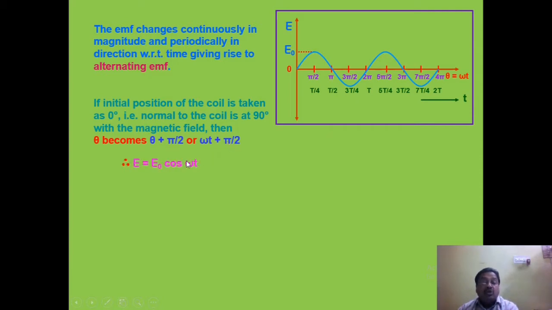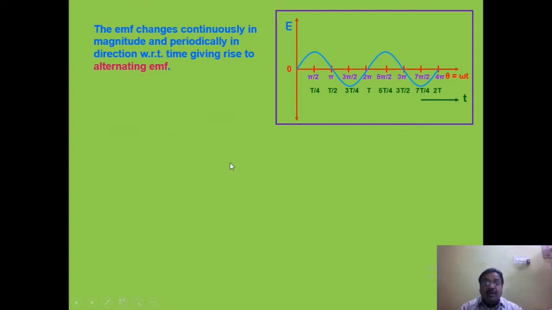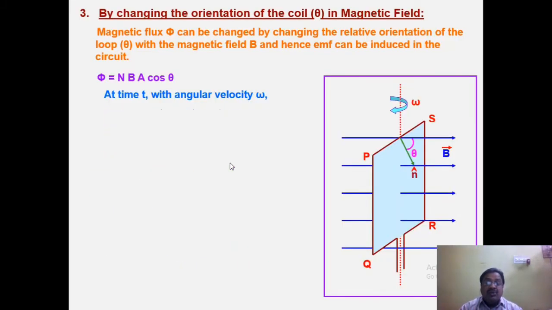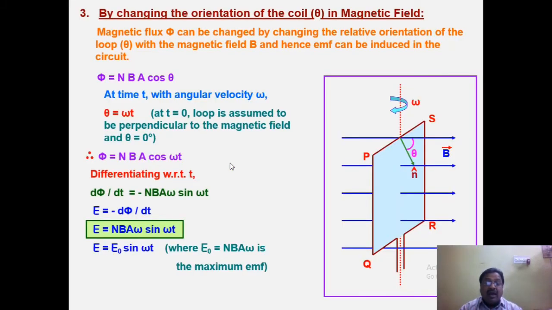So what is E? E will be equal to E0 cos omega t. Why? You see in the previous page we have observed that in this particular case E equals E0 sine omega t. So in place of this omega t, if you place omega t plus pi by 2, what is sine of omega t plus pi by 2?